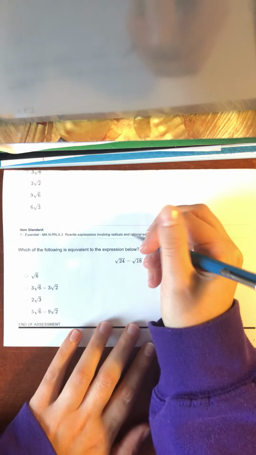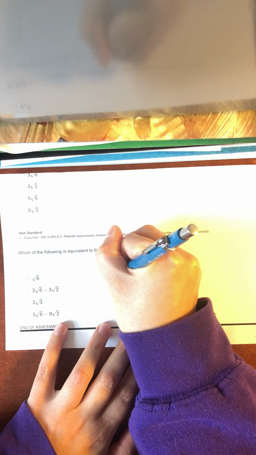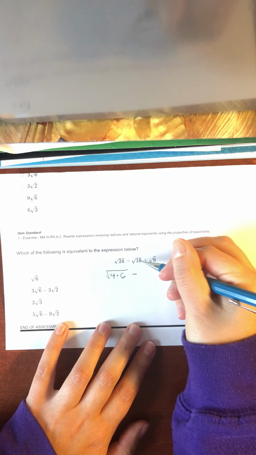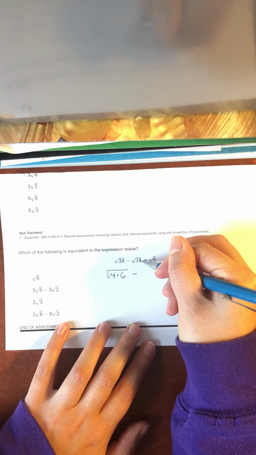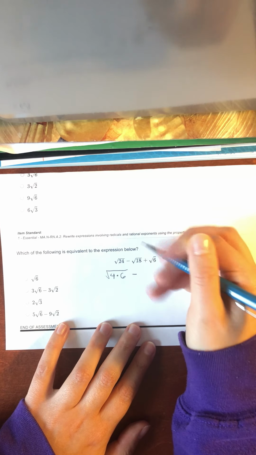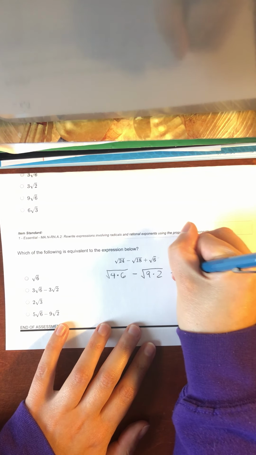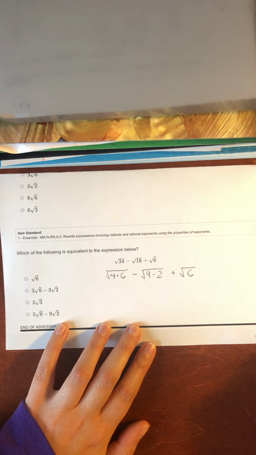Okay. So square root of 4 times 6. For this one, I can simplify it to 9 times 2 because that's the perfect square that goes into radical 18. And then I can't simplify radical 6, so I'm just going to keep it as radical 6.